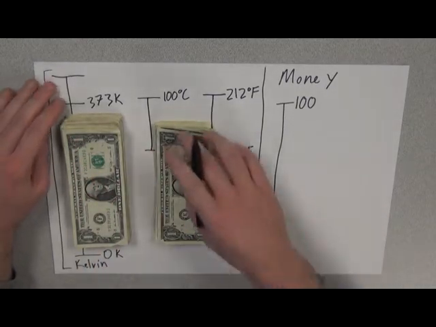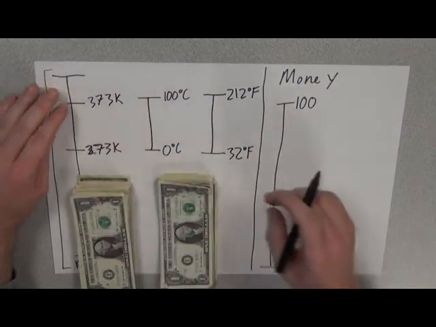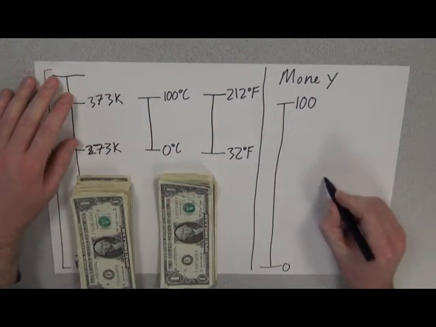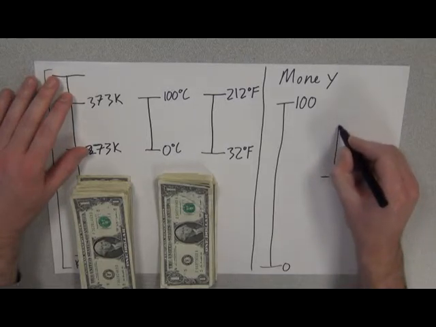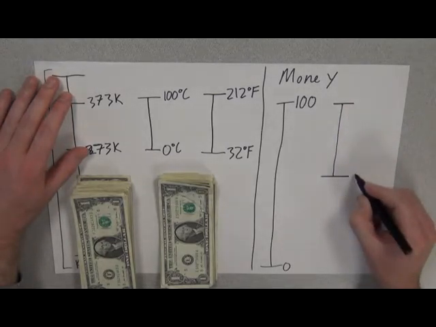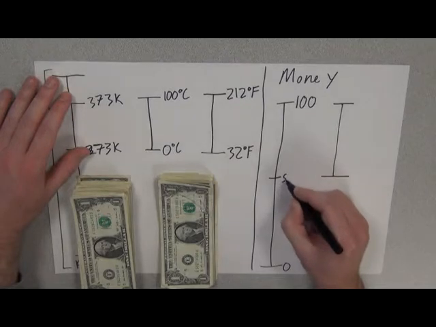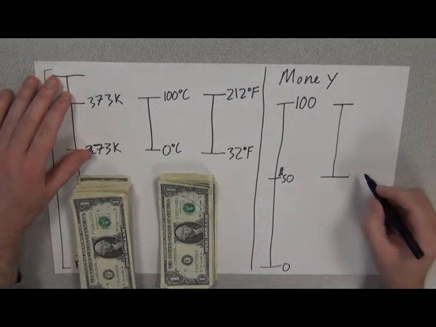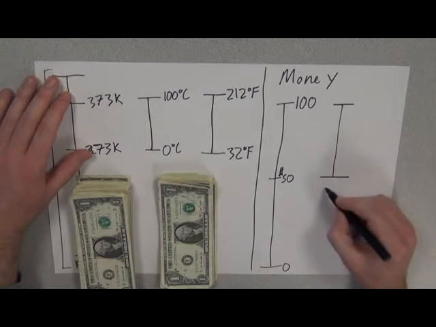Now, if we did a reference scale, like Celsius and Fahrenheit, in terms of our money, let's say I only care about $50 or more. If this is $50, let's call this the Smith scale.